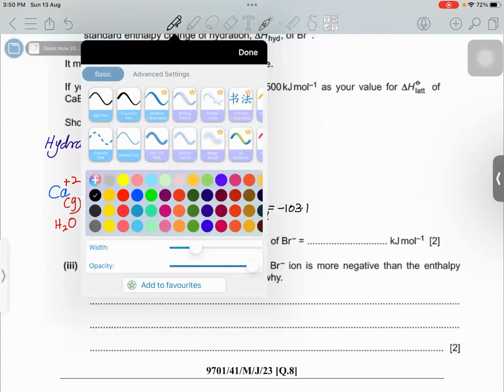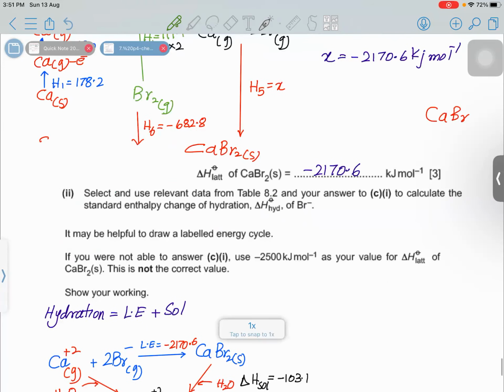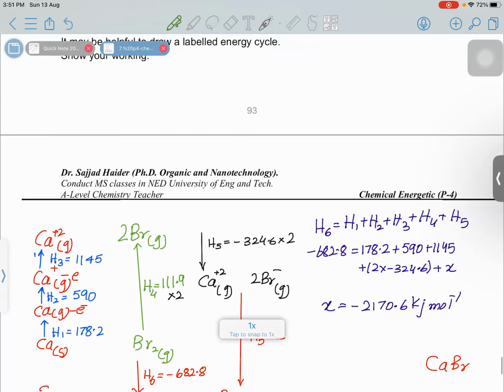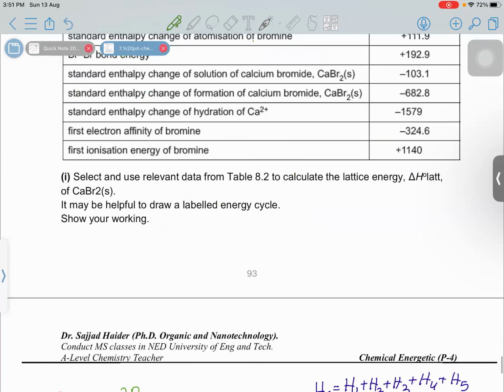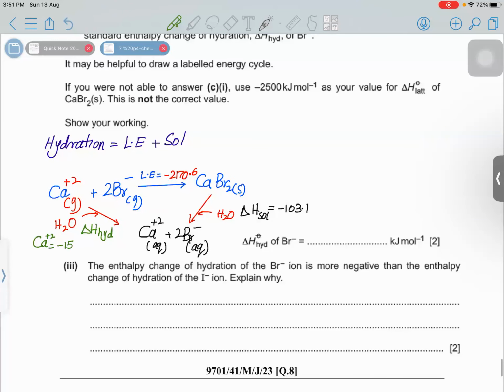And this is hydration. So hydration of calcium is given, right? Yes, sir. So calcium hydration is given, which is minus 1579. And 2Br is required.